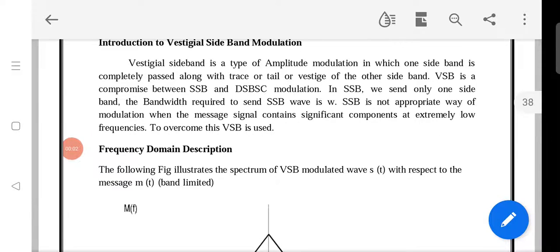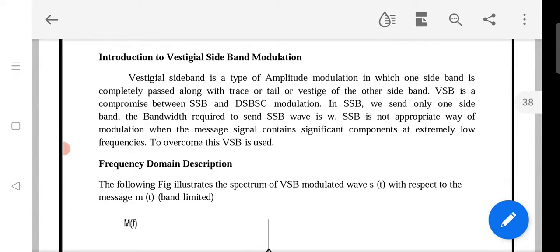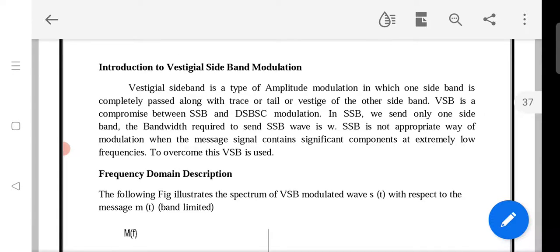Welcome back, dear students. Now our topic is vestigial sideband modulation. Up to now we discussed three techniques: AM, DSBSC and SSBSC. In AM there are two disadvantages.